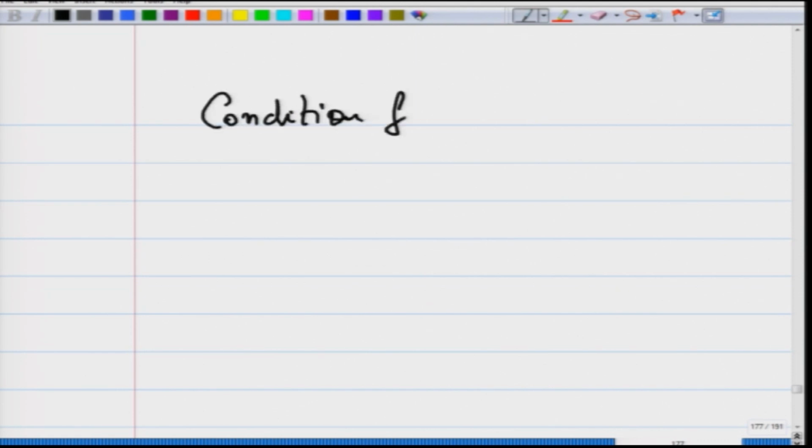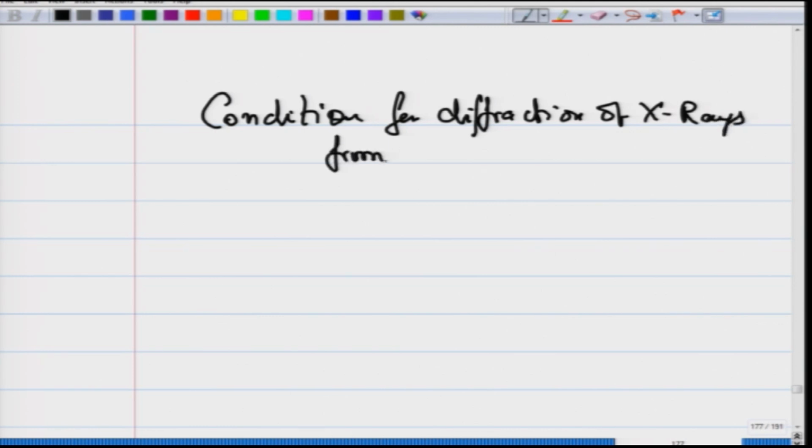The condition for diffraction of X-rays from a crystal, namely under what conditions I_B, the intensity at any scattered point, is not equal to 0.